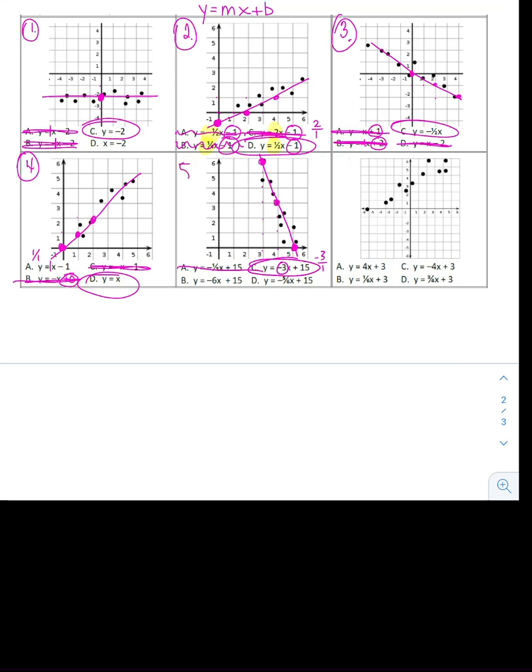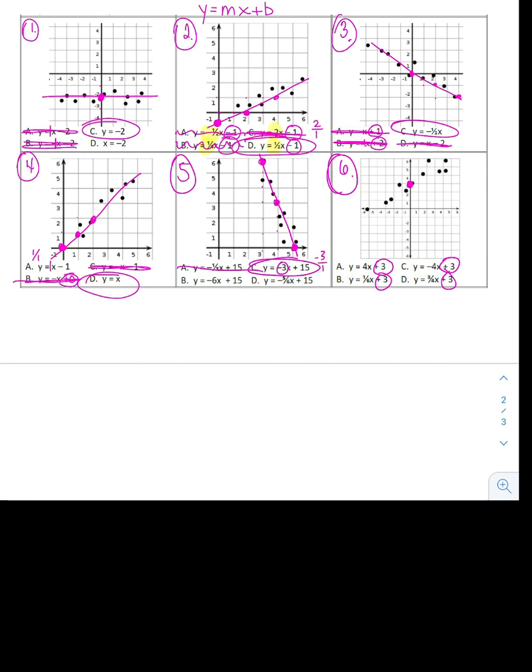And last but not least, let's do example 6. So on example 6, look, they all have the same y-intercept. So let's go ahead and mark that 3.